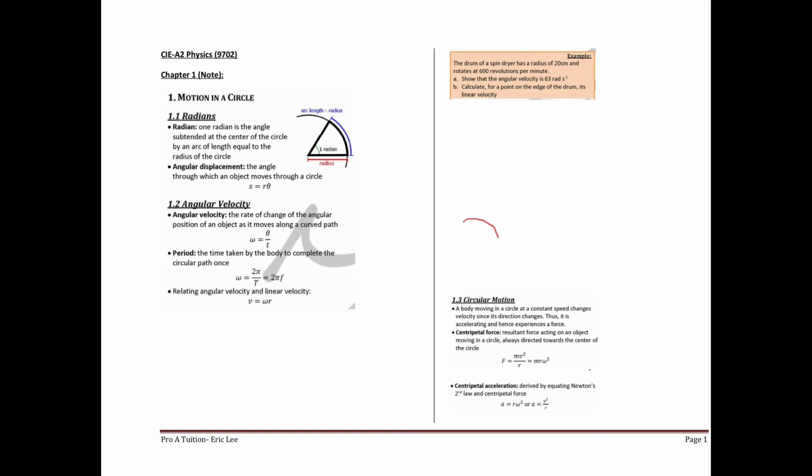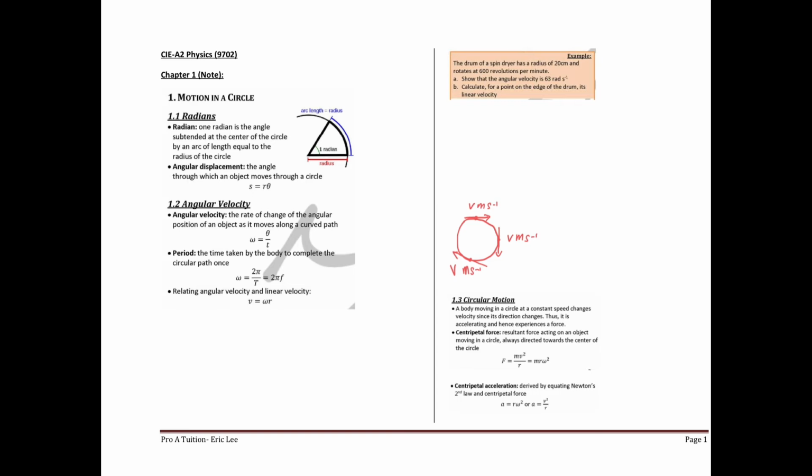We have a circle, and the particles on the circle move with the same speed. Let's say the speed is v meter per second. When it's here, it has the speed of v meter per second. When it's at this point, it has a speed of v meter per second, and so on.